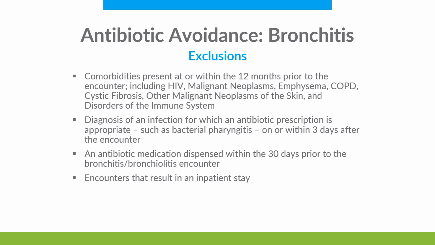Next, a diagnosis of an infection for which an antibiotic prescription is appropriate, such as bacterial pharyngitis, on or within 3 days after the encounter. Next would be an antibiotic medication dispensed within the 30 days prior to the bronchitis, bronchiolitis encounter. And lastly, encounters that result in an inpatient stay.